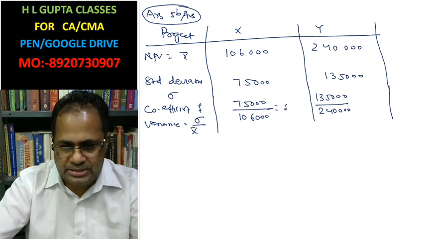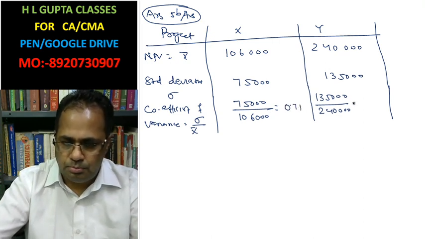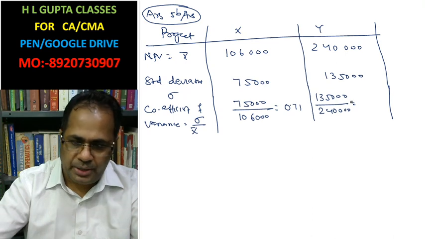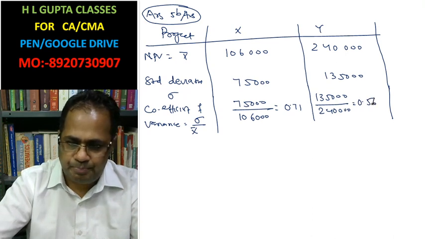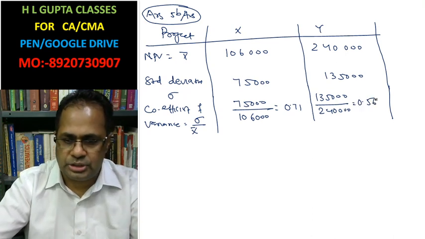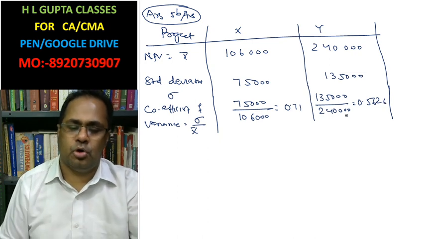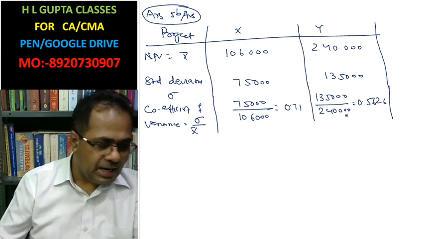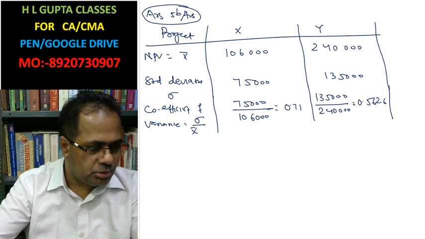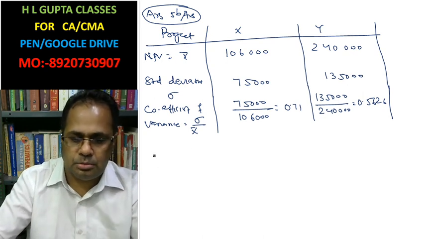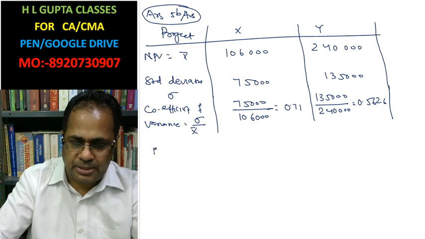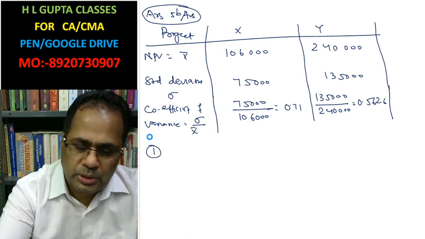You have 0.71, and this is 0.5626. Okay, that is the answer of the first part.